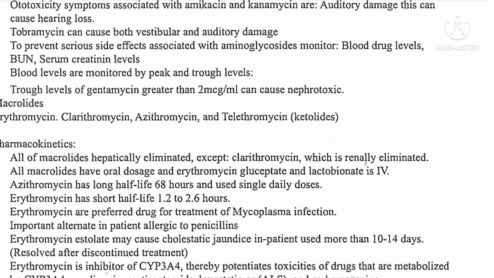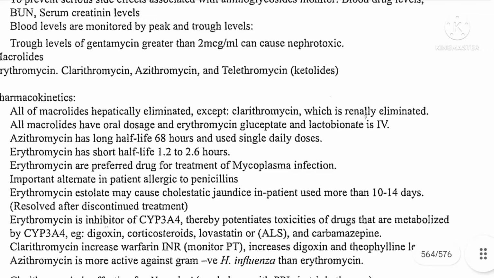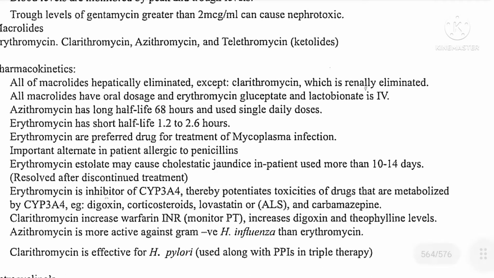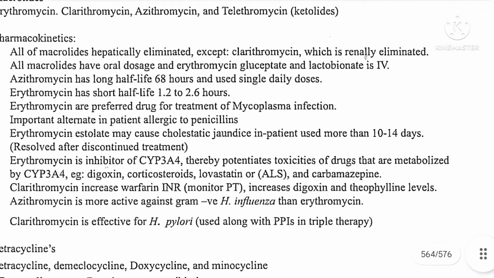The next topic is macrolides. Macrolides include erythromycin, clarithromycin, azithromycin, and telithromycin. You can use these drugs in various conditions, and previously during the COVID pandemic, azithromycin was the most commonly used drug because of its unique spectrum of activity.